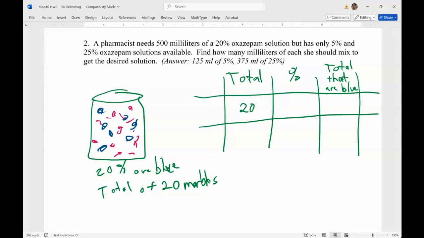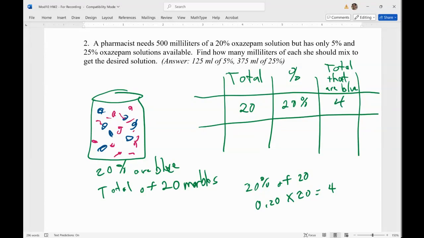The percent that are blue is 20%. And if we take 20% of 20, that is 0.2 times 20. And 0.2 times 20 is 4. That means there are 4 blue marbles.